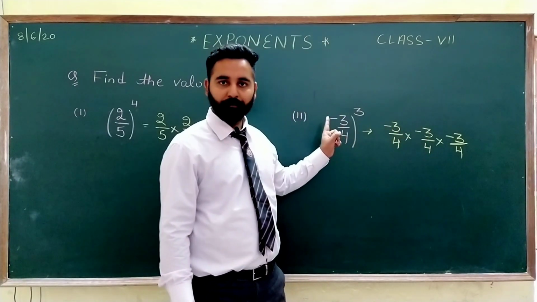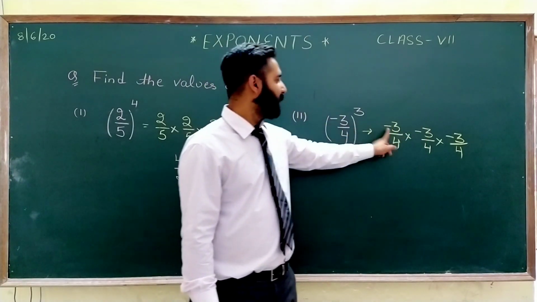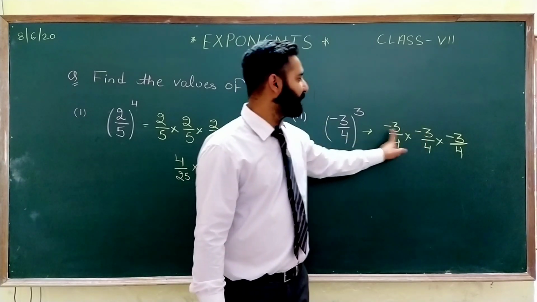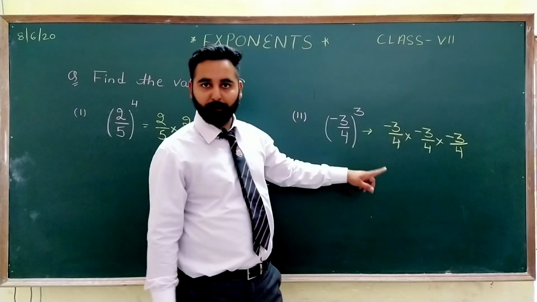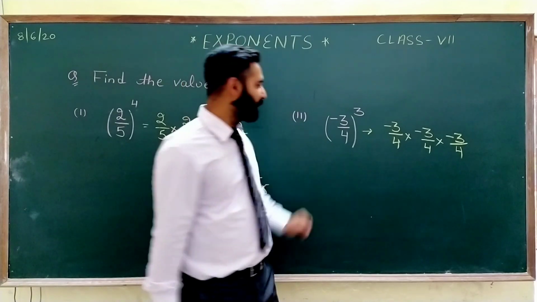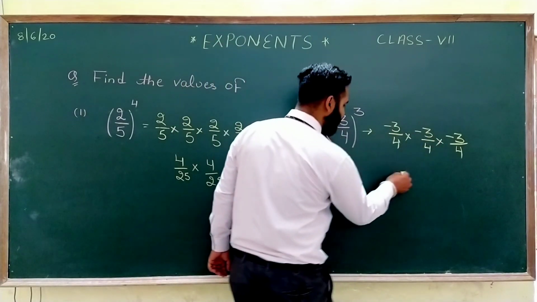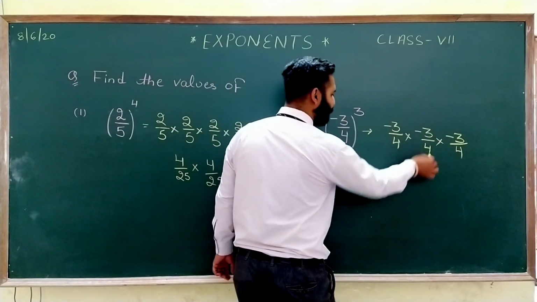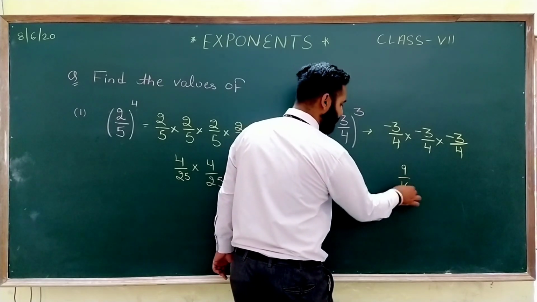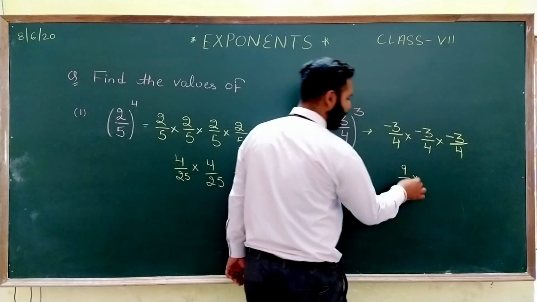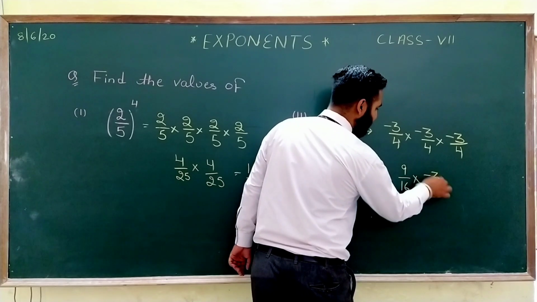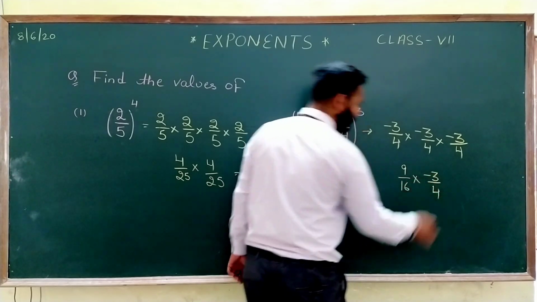This thing we have done in the properties of integers. When two integers with the same sign are multiplied, we get the sign of positive plus. So 3 into 3 is 9, and 4 into 4 is 16, multiplied by minus 3 upon 4.